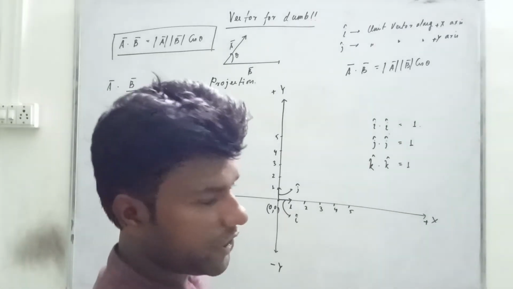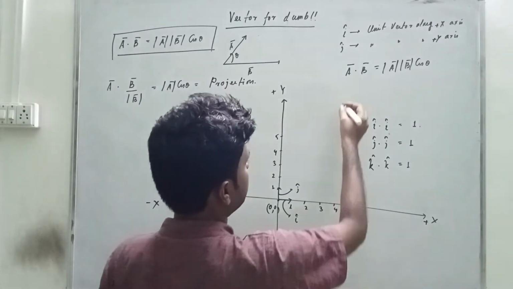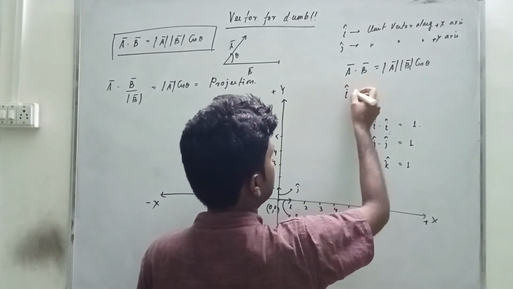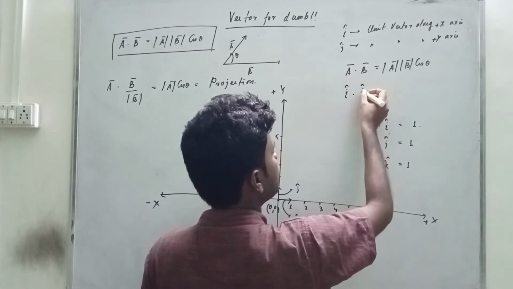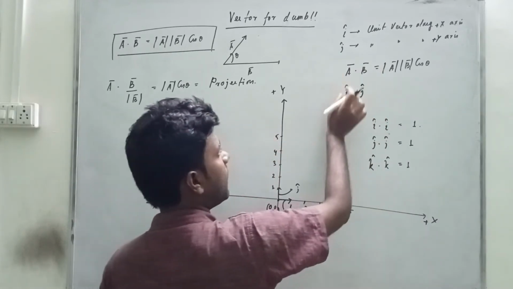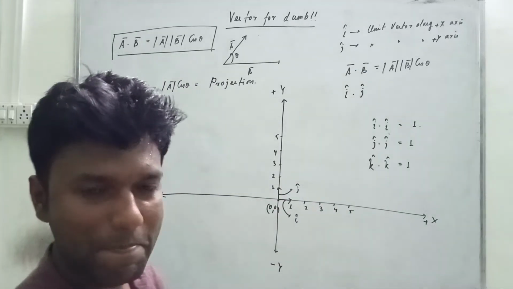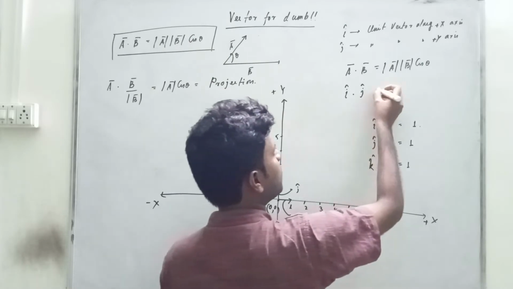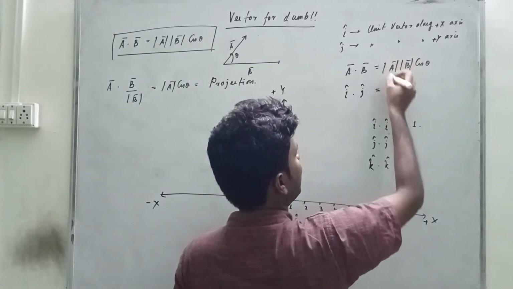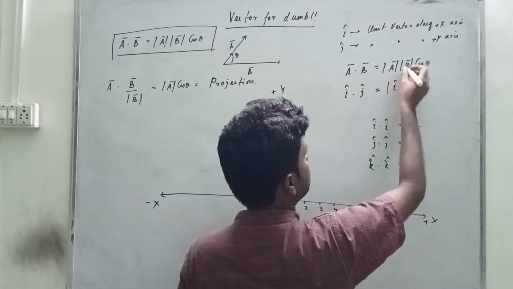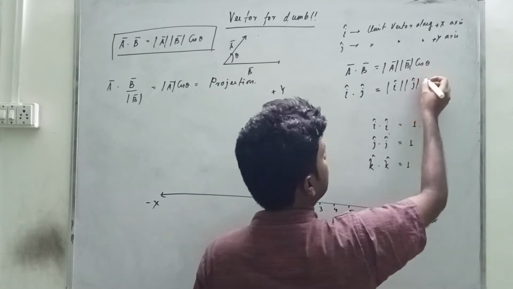Just replace i hat instead of a and j hat instead of b. Then the right part of the equation will have i hat here, j hat here, and cos.